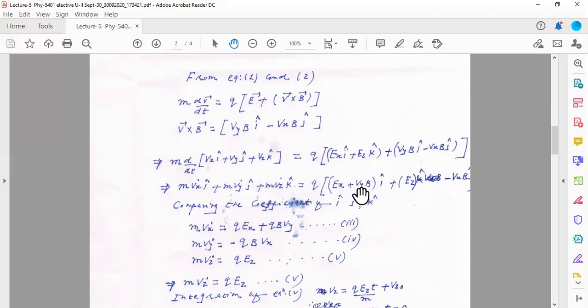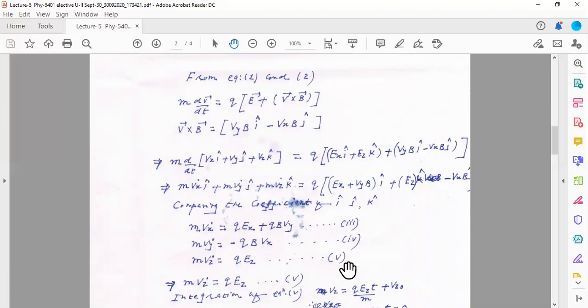And comparing the component of vector k, you can write m Vz dot equals Q Ez. So these three equations we have obtained.